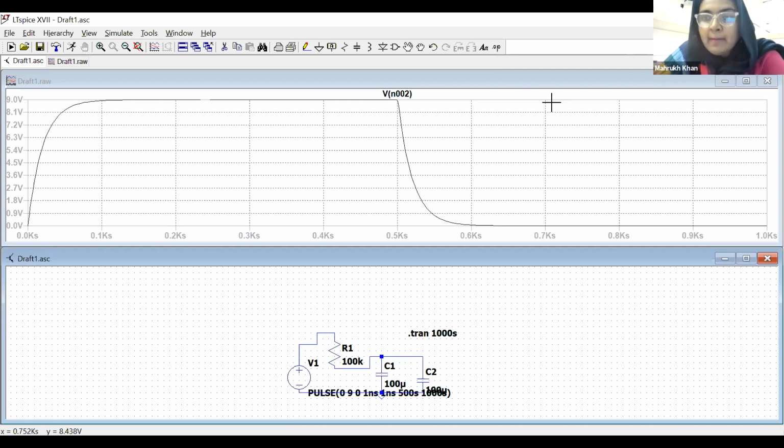It's good to know, but the least that I want to see from your simulations is that you have pointed out that here, this is the 63% of charge voltage I got from simulation, from measurement, and from calculations. And similarly, here is the 5 tau. So what they ask you to do in measurements, you should point it out in your simulation report that we are getting the similar thing.